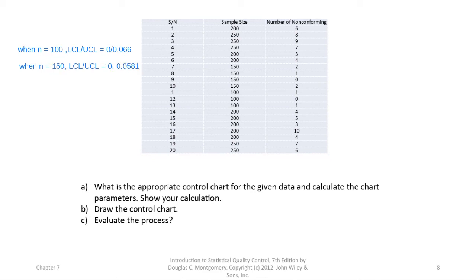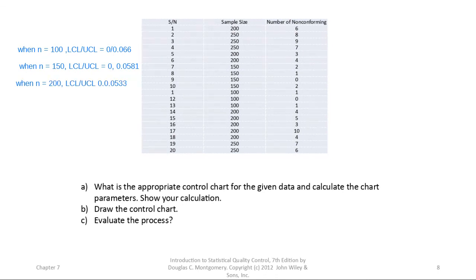When n equals 200, then the lower control and upper control will be 0.0533.